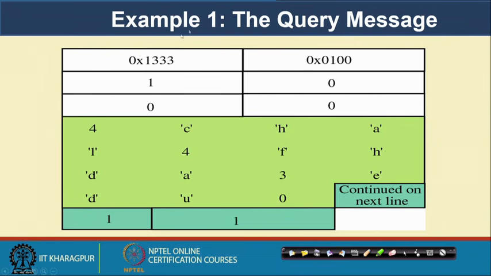It is a query message and the other things are 0, and this is 4 CHAL, then again 4 FHDA, 3 EDU, and 0, that means that is the end of the name. It also shows whether a large record continues on the next line or not, and so on.